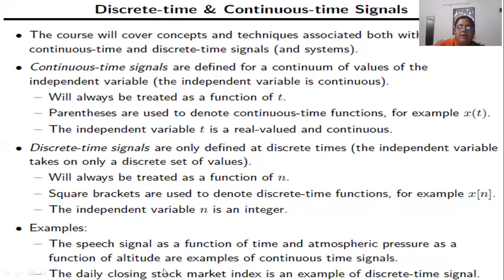For example, the speech signal as a function of time and atmospheric pressure as a function of altitude. So these are examples of continuous time signals. The daily closing stock market index is an example of a discrete time signal. So in the share market, the closing of the stock market is not continuous, but it is closed for a discrete interval of time. So we can say that that is an example of a discrete time signal.